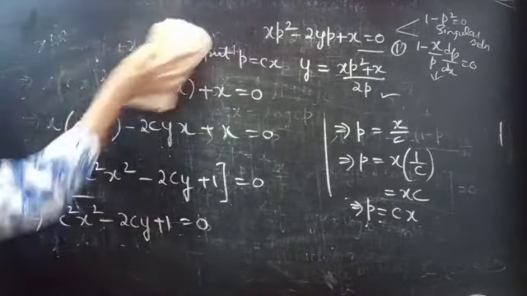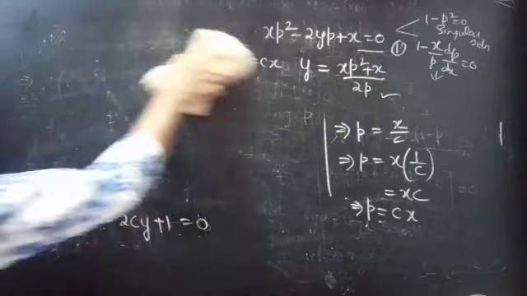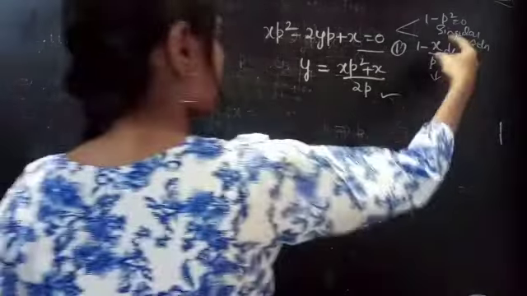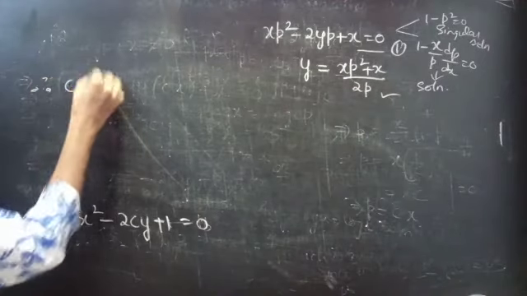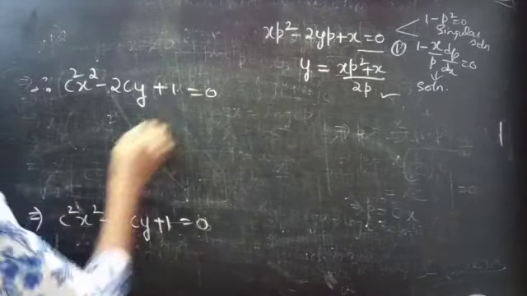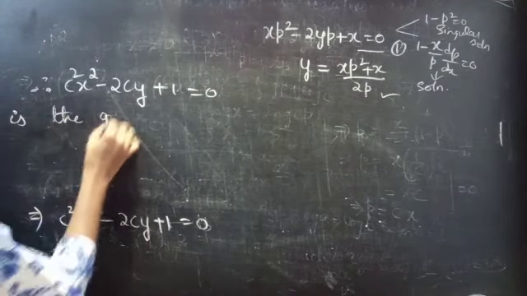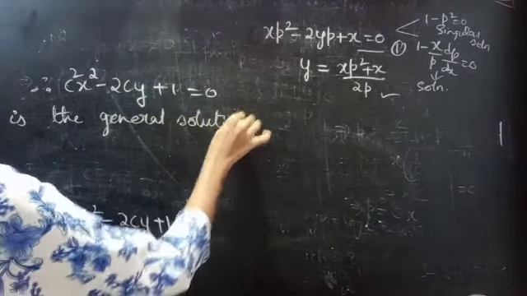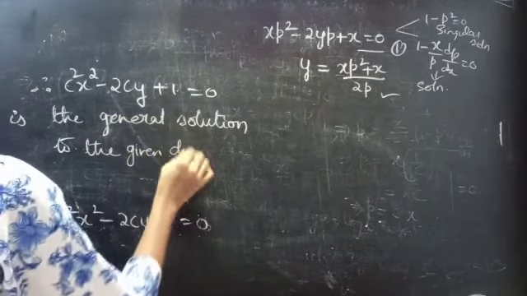Therefore, c square x square minus 2cy plus 1 equals 0 is the general solution to the given differential equation.